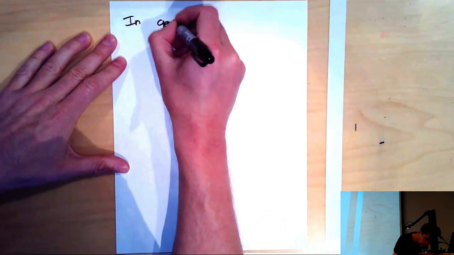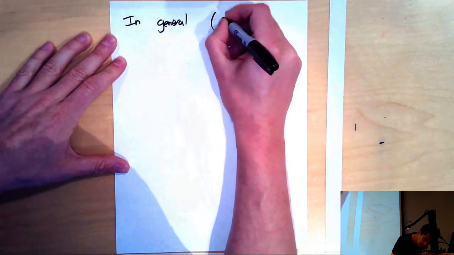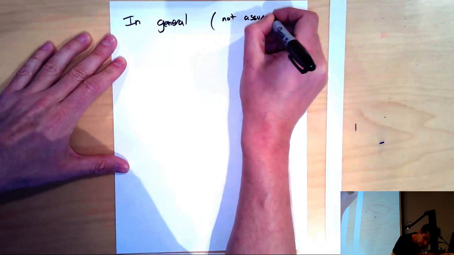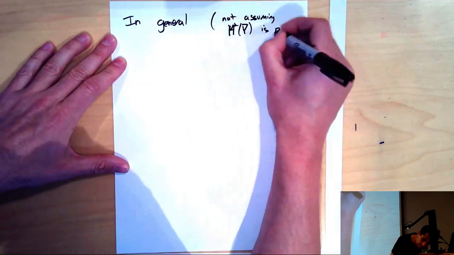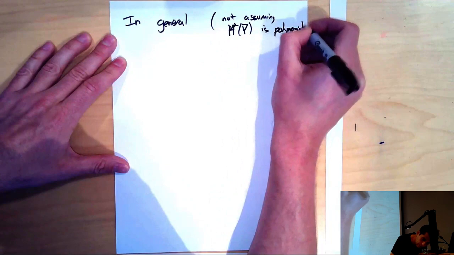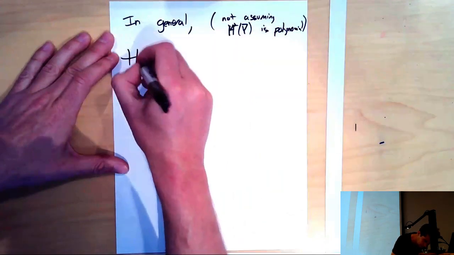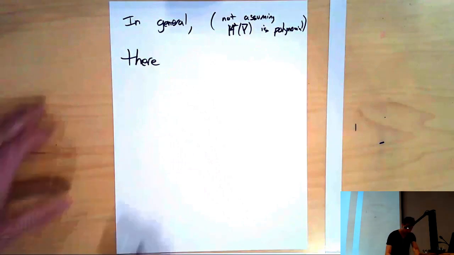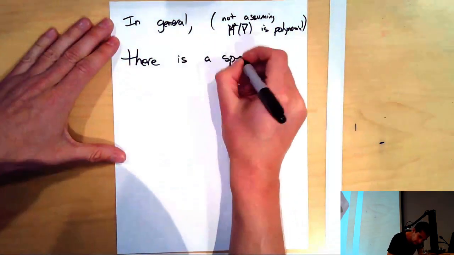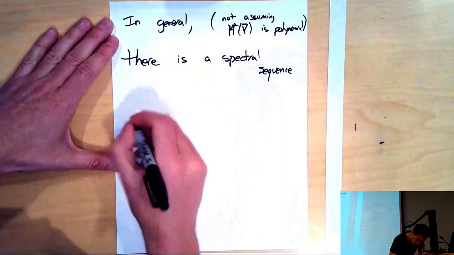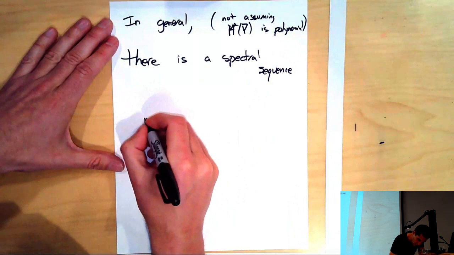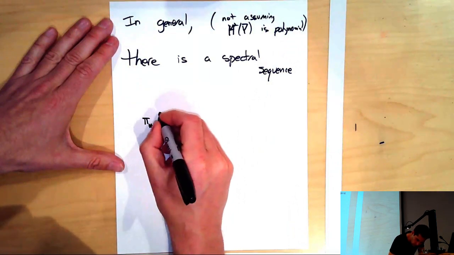And so let me say, in general, meaning not assuming that the cohomology of Y bar is polynomial, the relationship can be described by a spectral sequence. There's a spectral sequence where you start with the symmetric algebra on the dual.